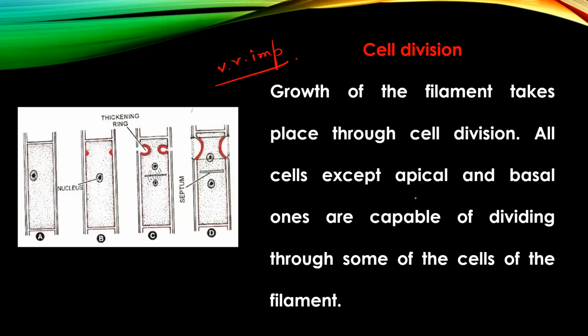All cells except the apical and basal cells are capable of dividing, through some of the cells of the filament, right? Okay. Now, pay attention to each word I say. I will discuss the various steps of cell division with you.